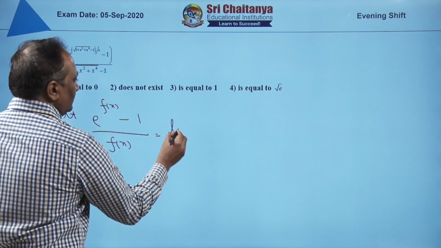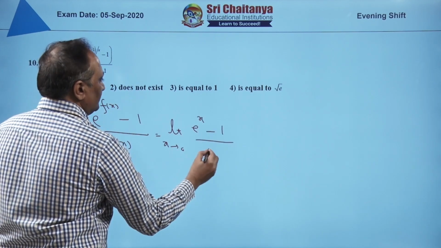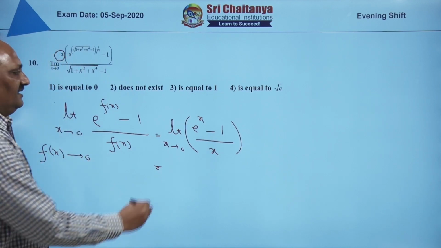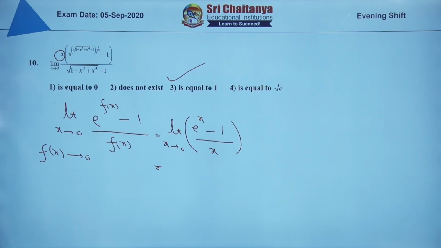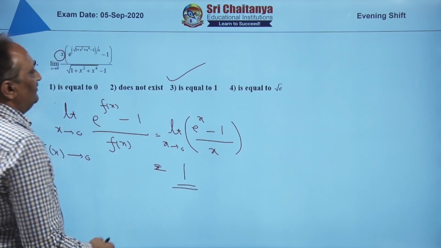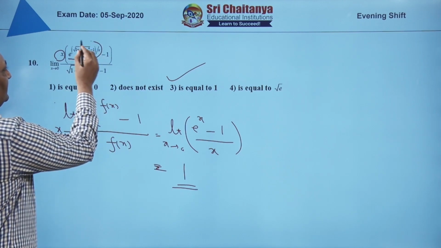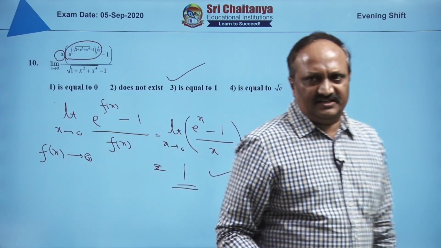So, this is nothing but limit x tends to 0 of e to the power x minus 1 by x form, that limit exists by L'Hospital rule, and that is always equal to 1. Limit x tends to 0, e power x minus 1 by x is always 1. So, this limit equals 1, and here f of x is tending to 0. By considering this entire function as f of x, we can get the answer as 1. That is a standard question.